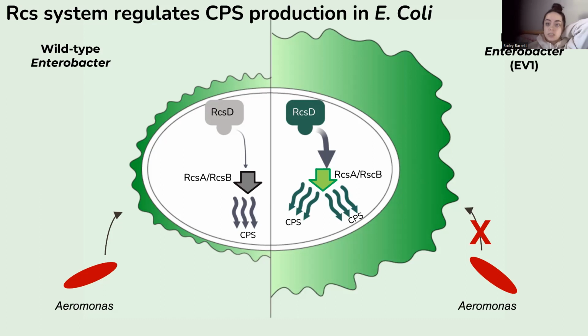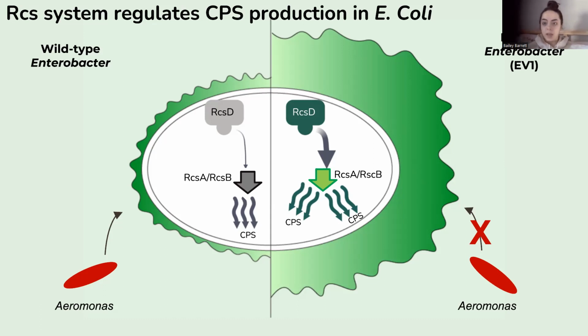I have a different view of what might be going on. In this model, cap could be what Aeromonas binds to, but because Enterobacter is producing so much of it and in this different manner, it's actually shedding the cap as it creates it, as an exopolysaccharide.